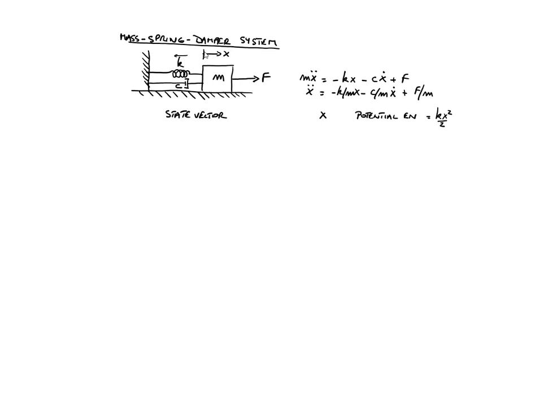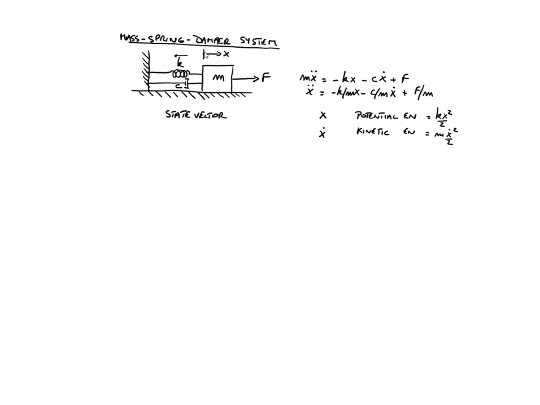So there is storage of potential energy, so we have to take the related variable, which is x, and we have to take x dot because we have kinetic energy that is stored, and it's m x dot squared over 2.